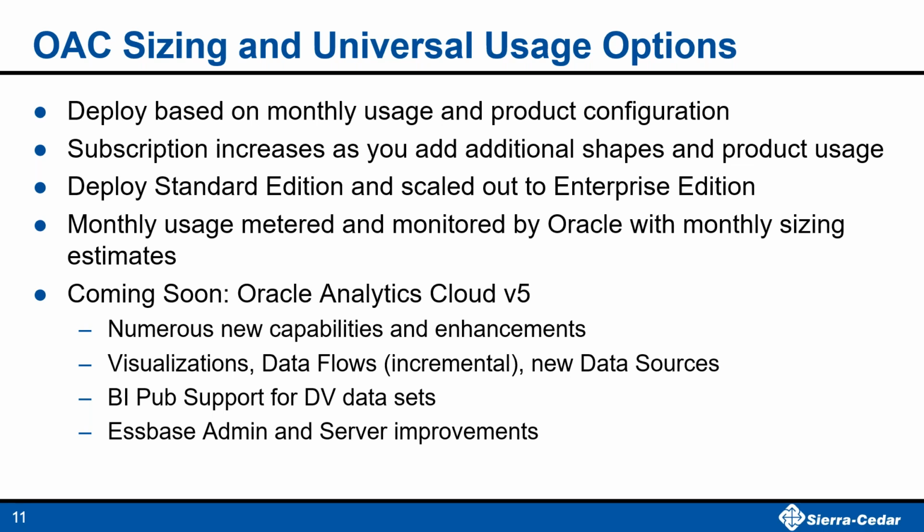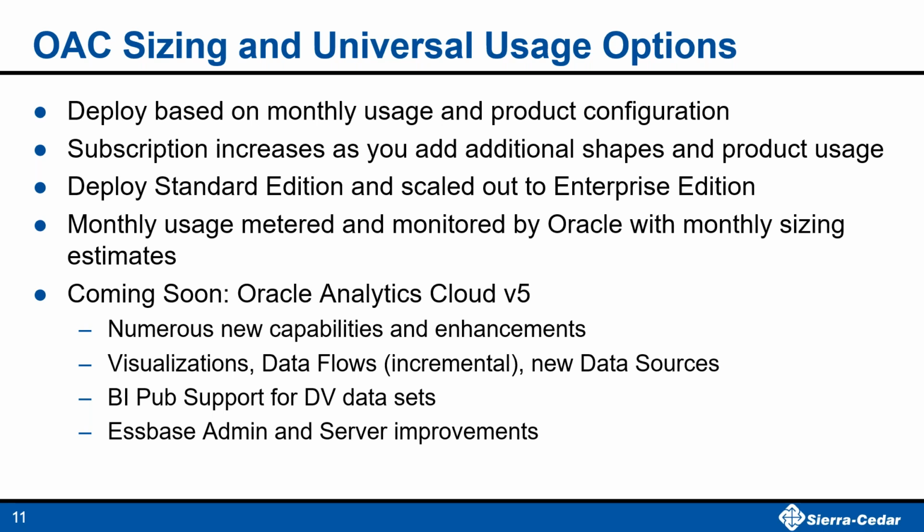And you have different options, as Bob was saying, with your shape size. You could go with 2 OCPUs, 4, 8, and you can do that under a standard edition deployment or scale it out to an enterprise edition. So there is functionality available as you scale out, for example, from a standard deployment to an enterprise deployment. That monthly usage is metered and monitored by Oracle each month.